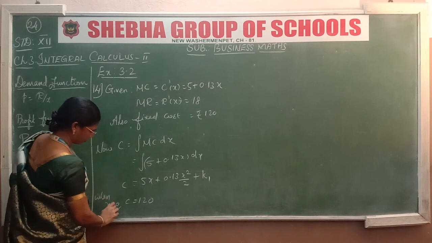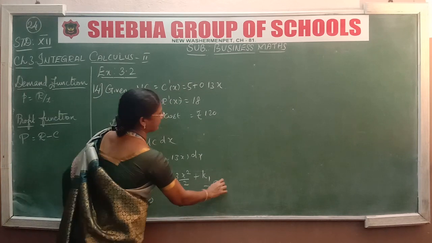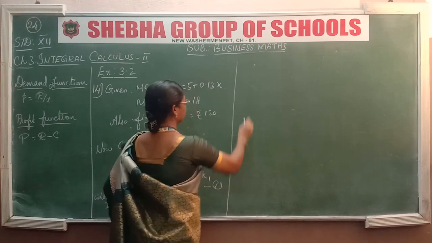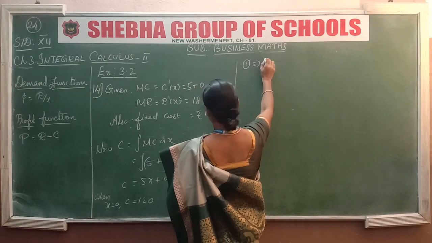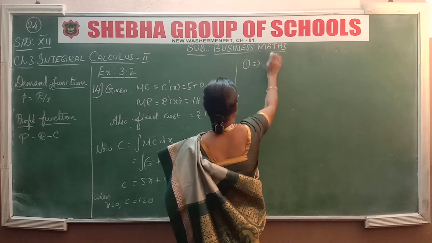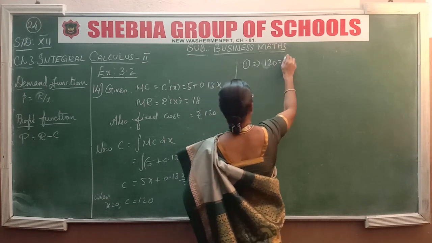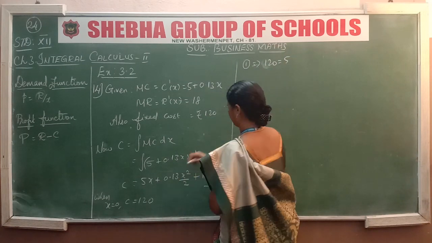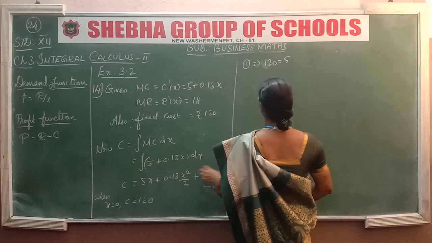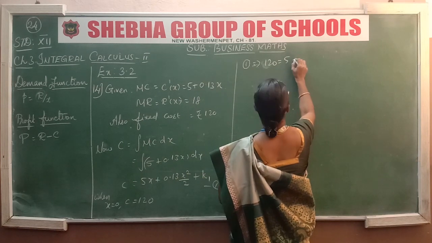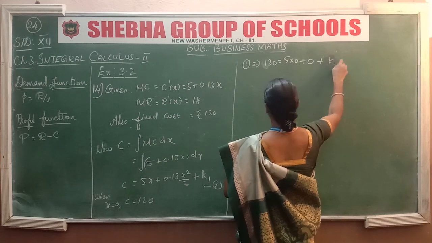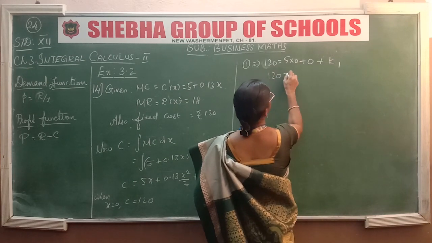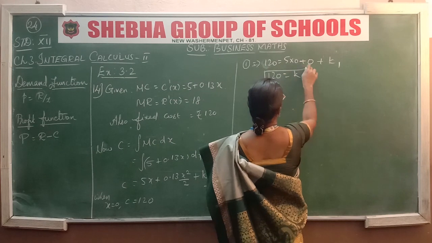Using this in the first equation, we get C is 120, which is equal to 5 into 0 plus 0.13 into 0 plus k1. So k1 equals 120.